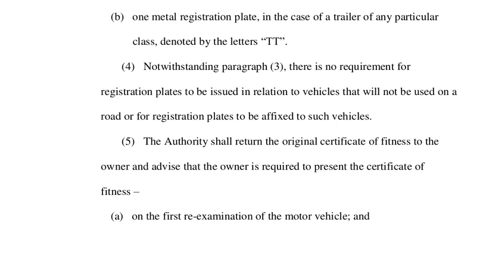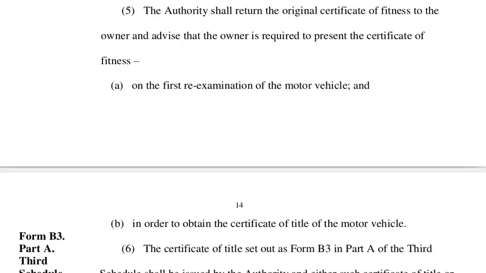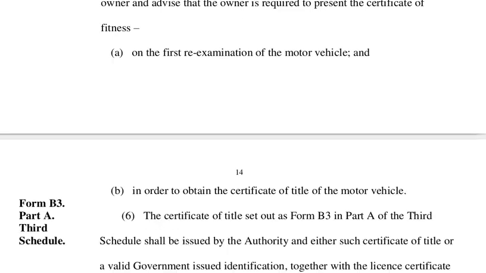The authority shall return the original certificate of fitness to the owner and advise that the owner is required to present the certificate of fitness A. on the first re-examination of the motor vehicle, and B. in order to obtain the certificate of title of the motor vehicle.